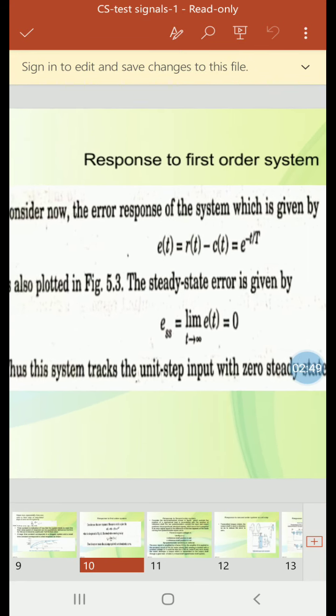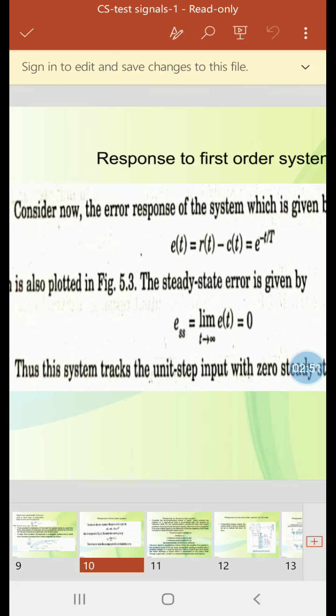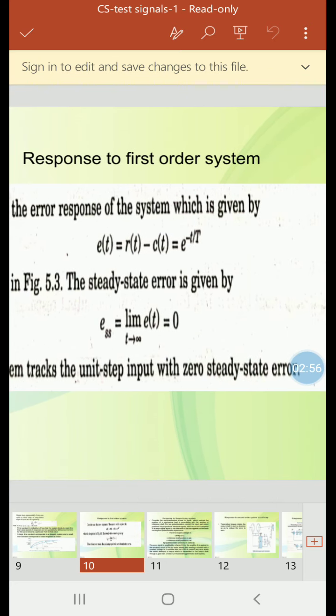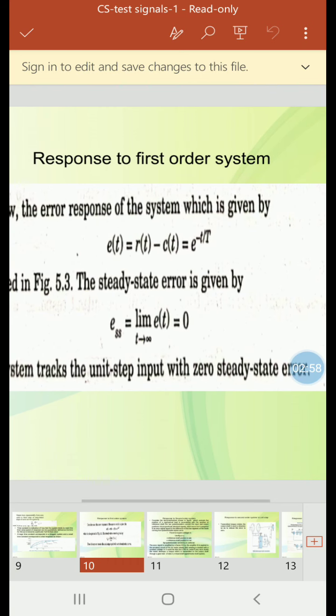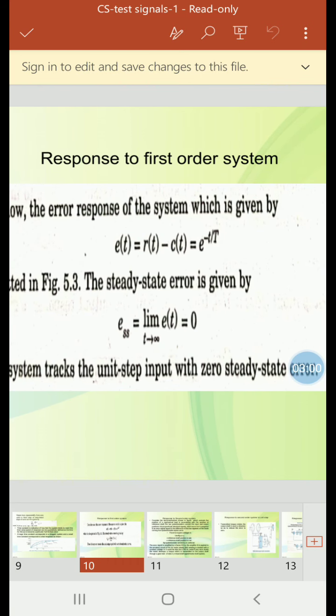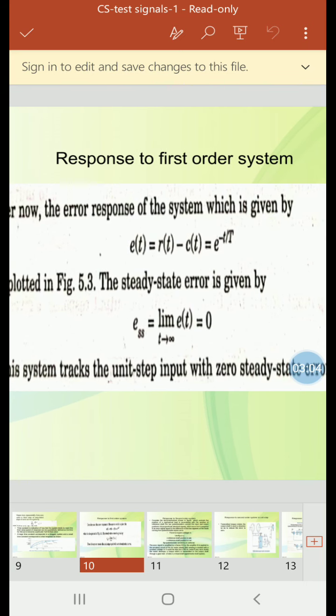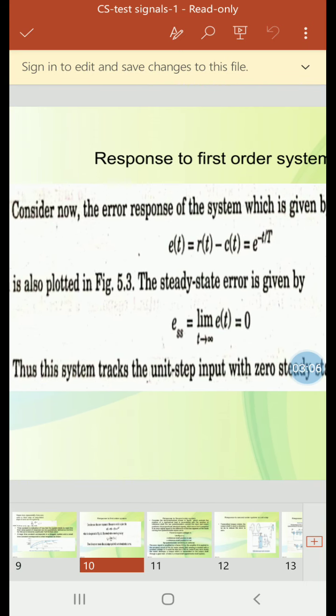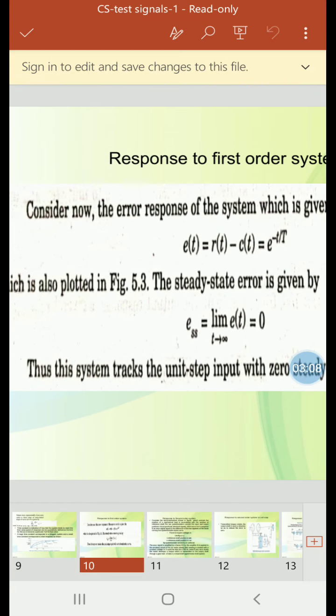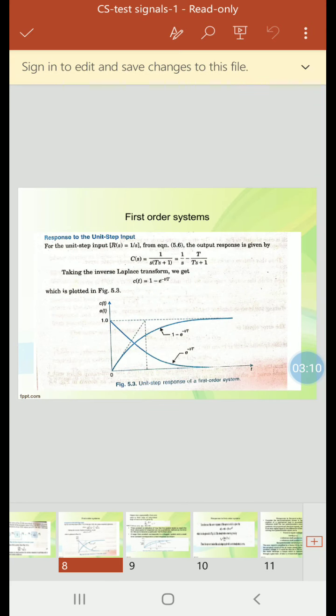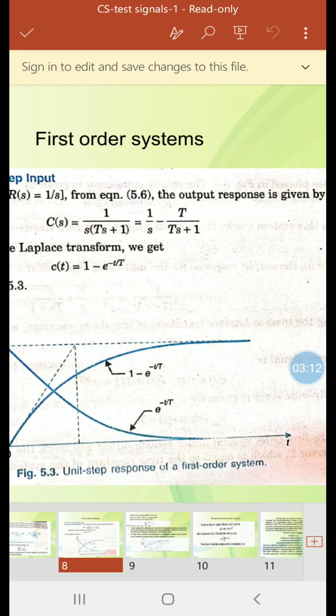Next we'll consider the error response of the system. We know the error e(t) is r(t) minus c(t), which is equal to e raised to minus t by T. This has already been plotted here, as shown.